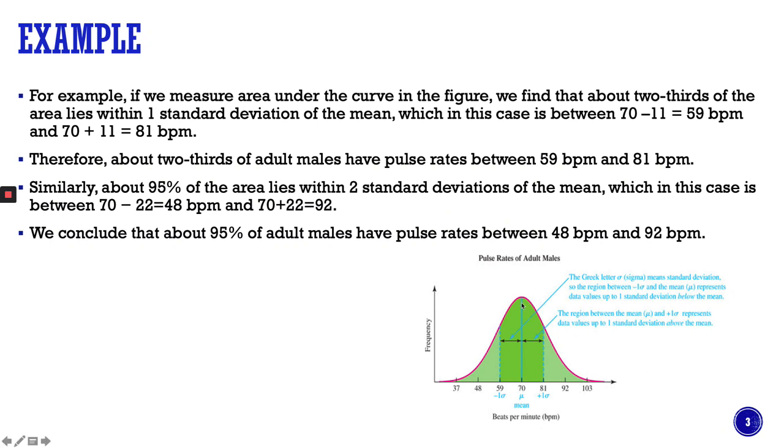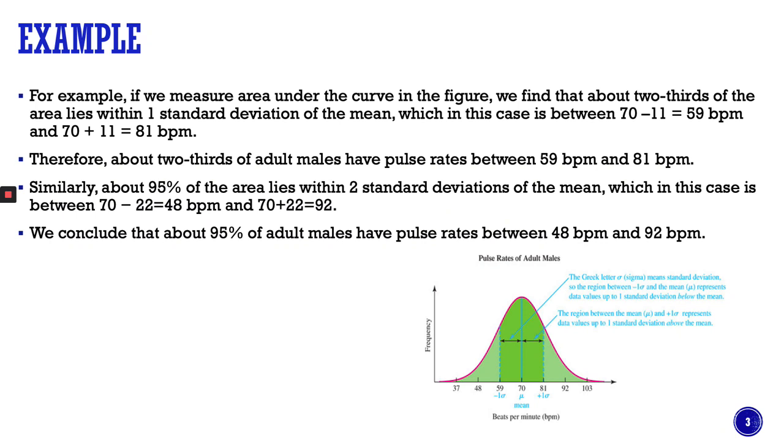So here's our mean, and our standard deviation was 11 points. So that means it's one standard deviation on either side. Therefore, about 2/3 of adult males have pulse rates between 59 beats per minute and 81 beats per minute.